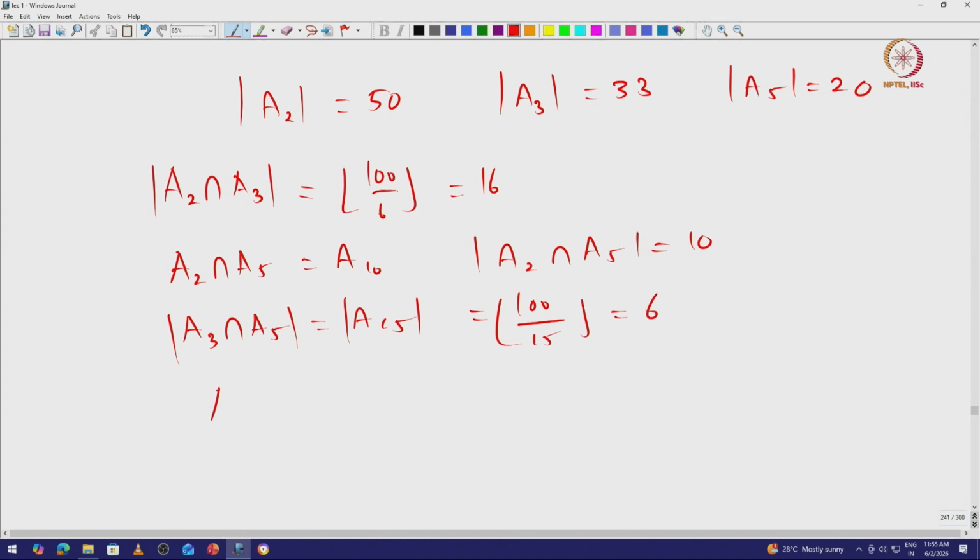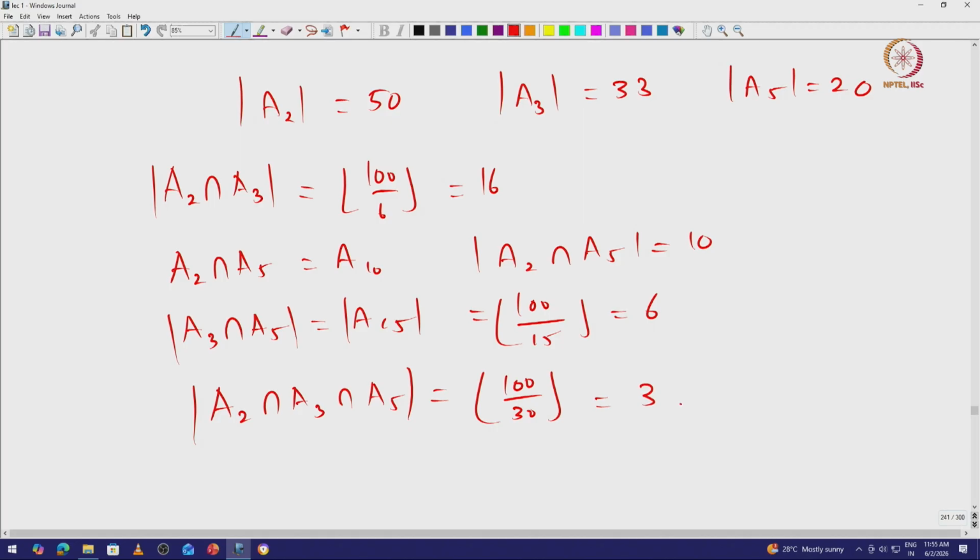What will be the intersection A2 intersection A3 intersection A5? That is exactly A30, the multiples of 30. So, it is 100 divided by 30, which is exactly 3.